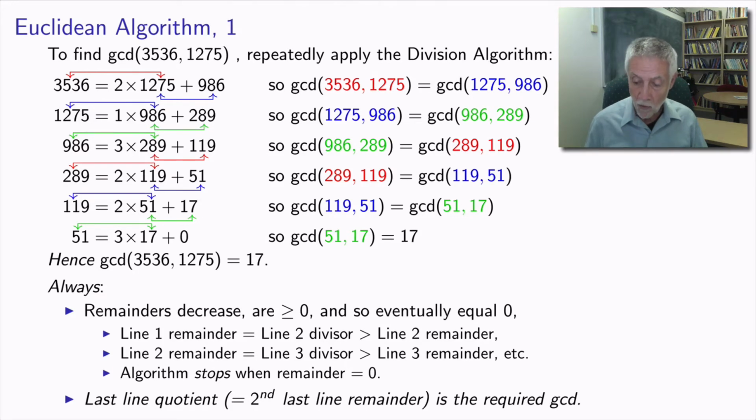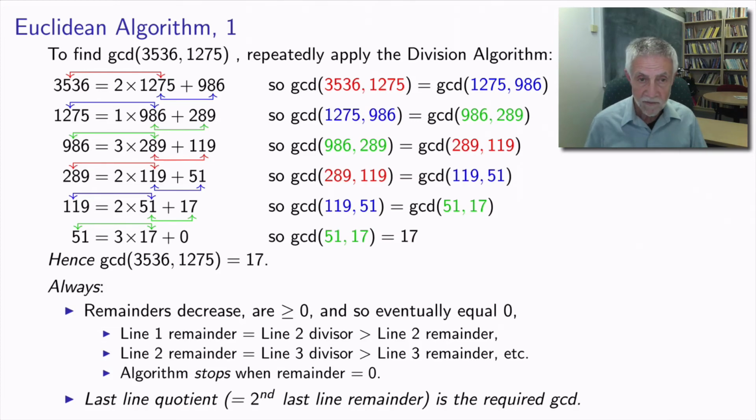Then the line 2 remainder is equal to the line 3 divisor, and that's bigger than the line 3 remainder, and so on. So the remainders are always decreasing, and they must eventually go down to 0, just as I said before.